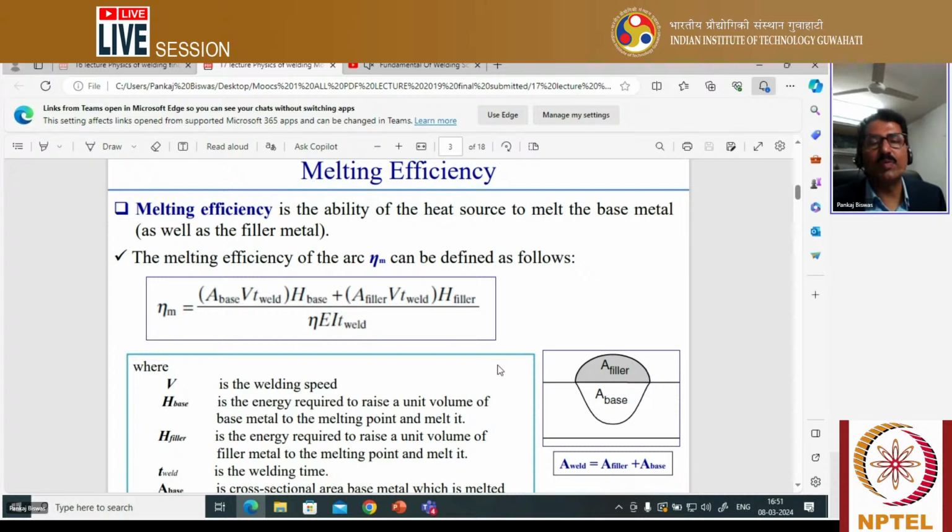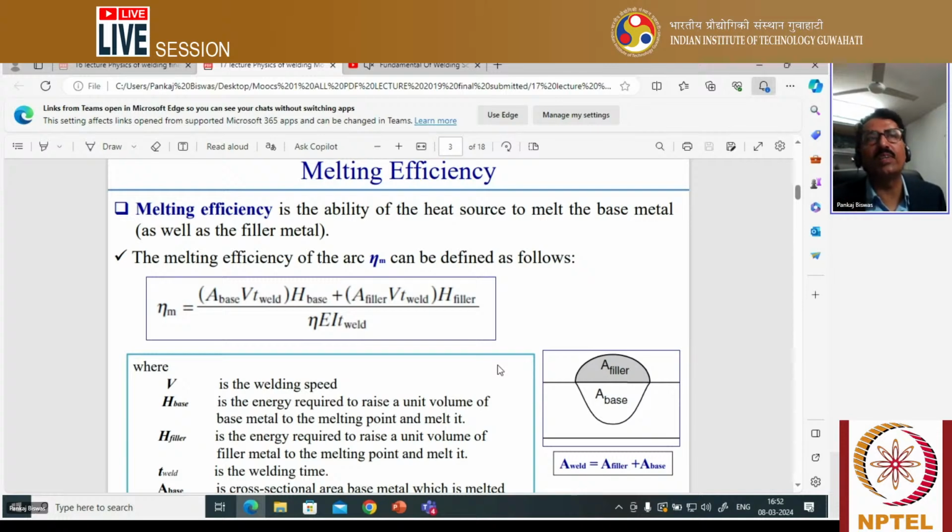Because for melting the base material as well as the filler material, let us consider the melting temperature to be 1500 or 1400 degrees centigrade. But to raise the temperature of the filler wire as well as the base material to 1400 degrees centigrade, whatever heat you are providing, let us consider that you get a temperature in the filler wire and base material of 2000 or 2500 degrees centigrade.